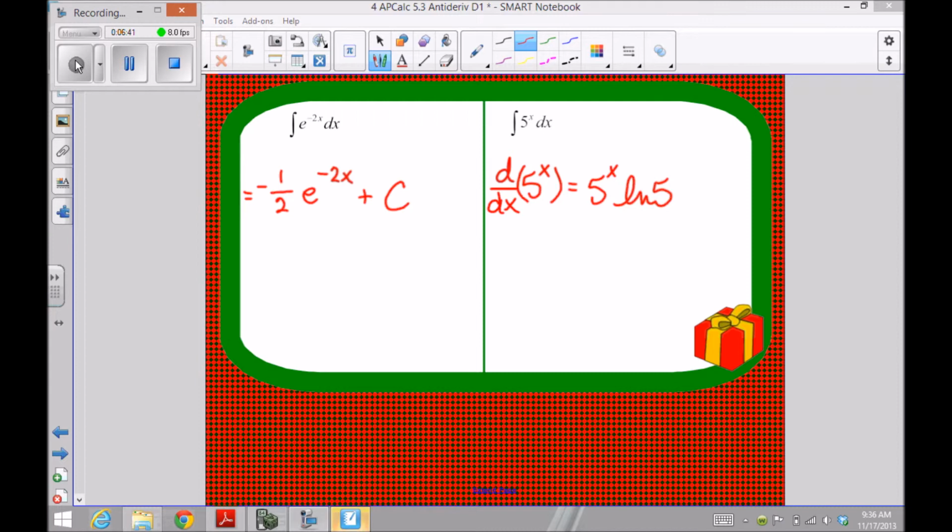So again, pause, stop the tape for just a second, see what you come up with, then come back to me. Hopefully you did it like this and made that fraction there so that when you take the derivative of this, that natural log 5 would cancel out. And there you go.